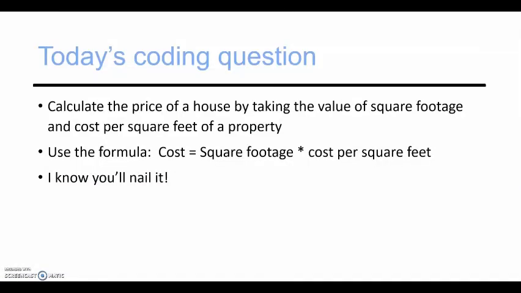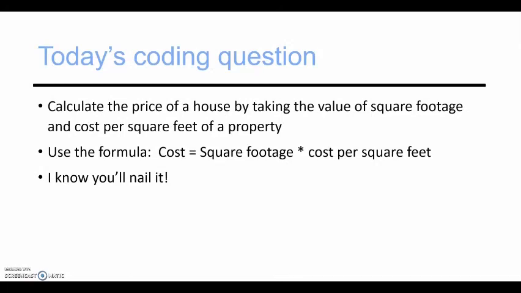So again, I have got a very interesting coding question, and this formula is applied in many places. Today we will be calculating the price of a house by taking the value of square footage, which means how many square feet the house has, how big the house is, and then we'll take the cost per square foot of a property.